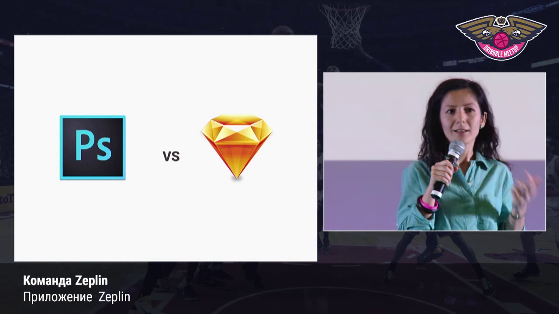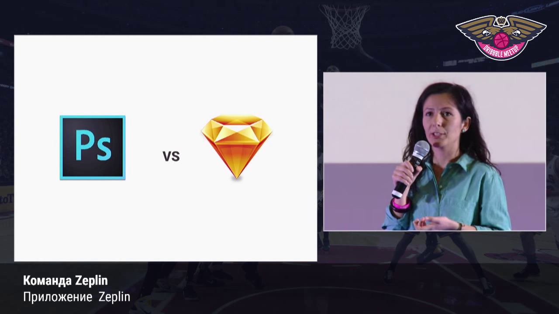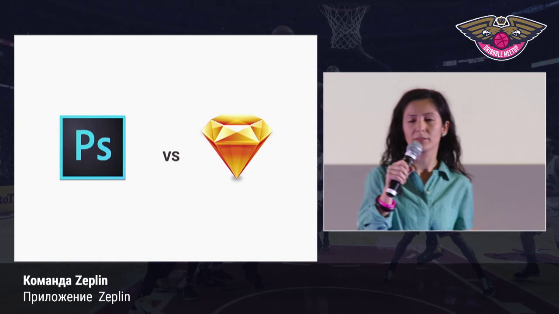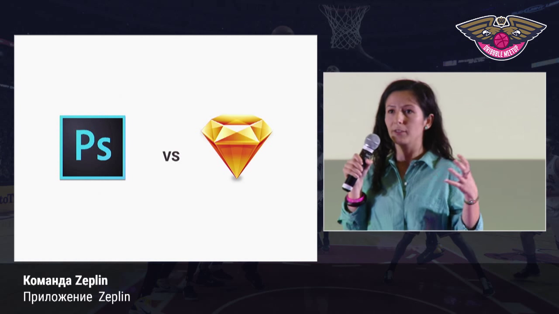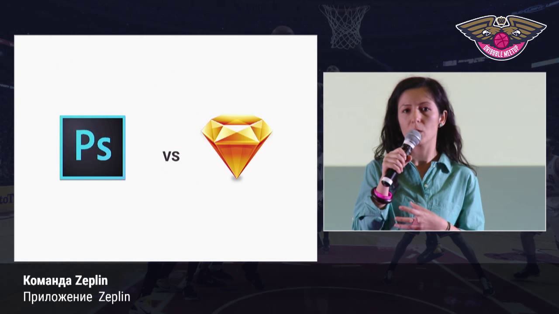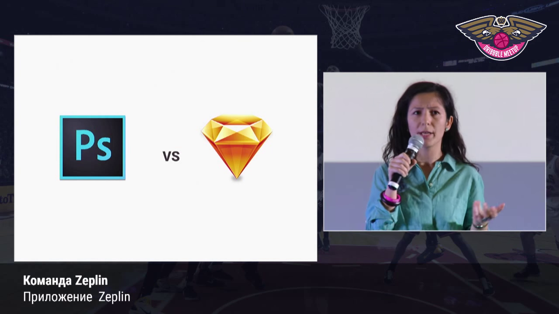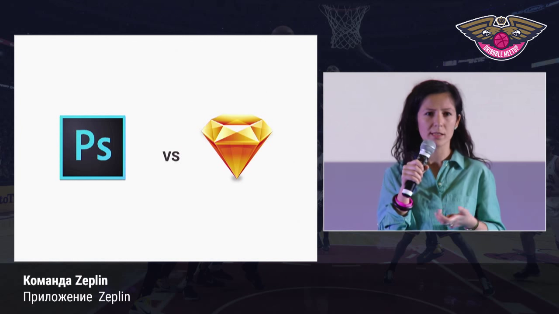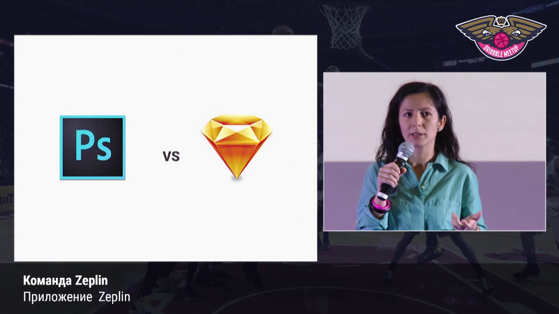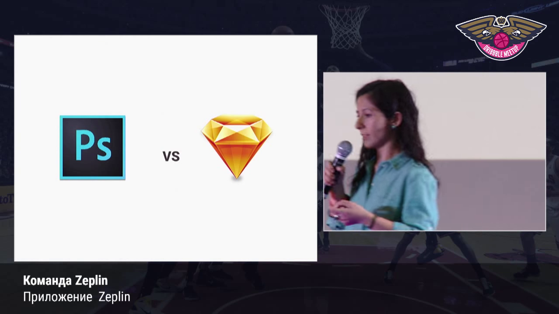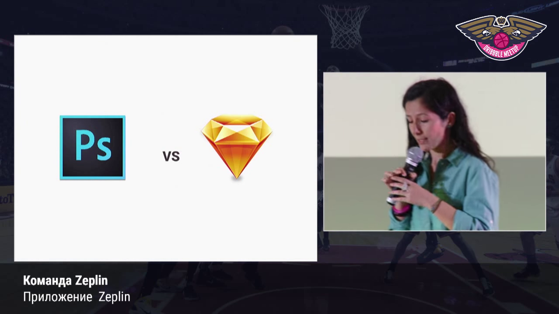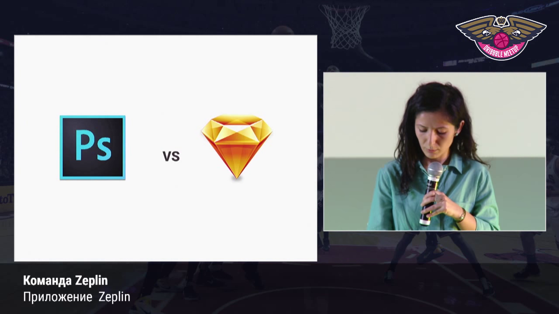But I love Sketch, and Sketch has a really great community, and they're really helpful. They're really willing to share everything with each other. Somehow they also proved themselves as early adopters. So we just started with Sketch. Zeplin now supports Sketch, and Photoshop is also coming soon.